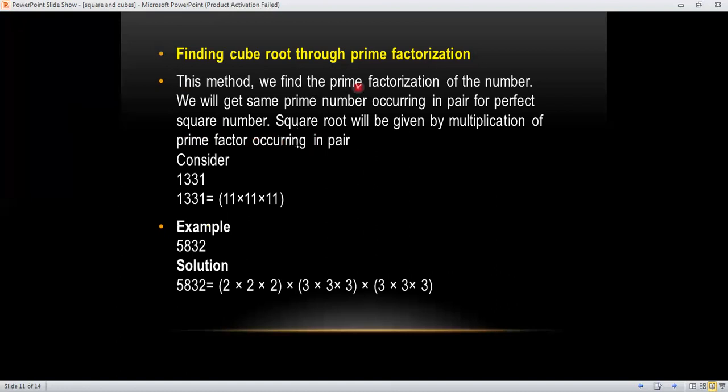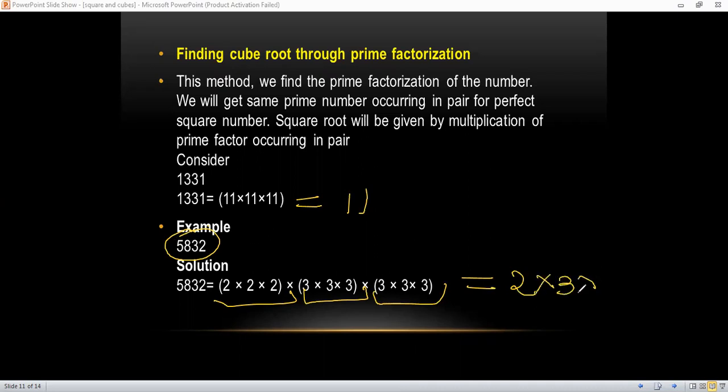Here we will try to find triplets. So if the number is 1331, we will make triplets, 11 into 11 into 11. So this is 11, the cube root of the number.